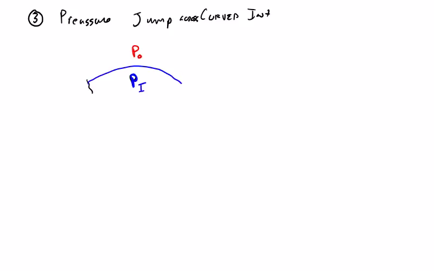I've taken my bubble and said I'm going to slice it there, and there must be some force of surface tension here. Now, maybe there is, maybe there isn't. We don't know yet. But let's assume that there's some force balance in the y, and that this thing is in equilibrium.